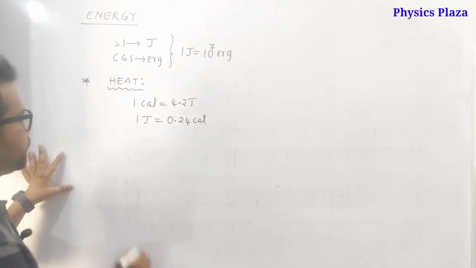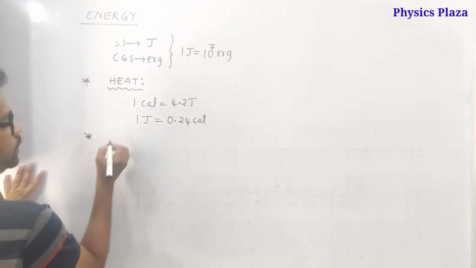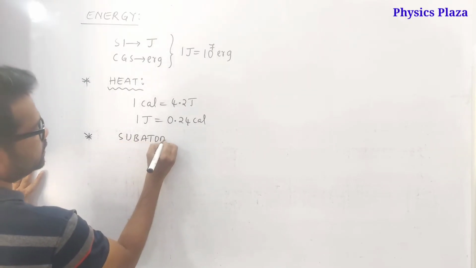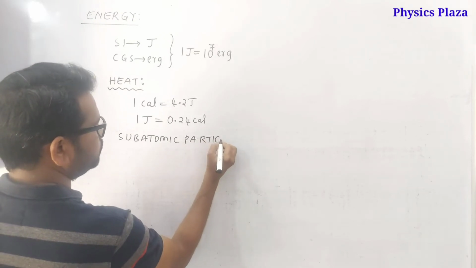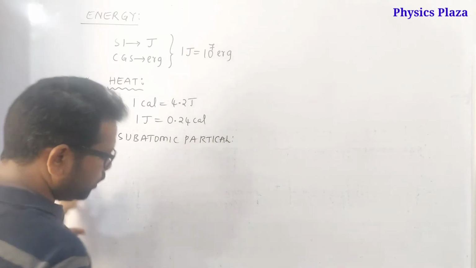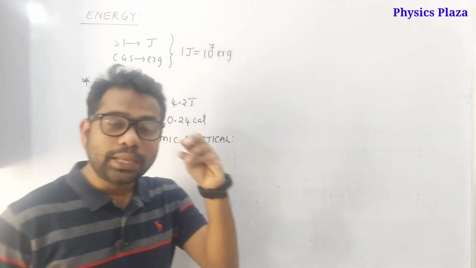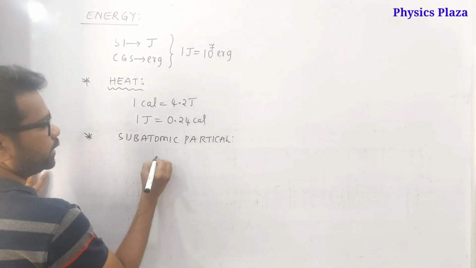Fine. Next, children, we are going to discuss the energy of the subatomic particles. Very important, such as proton, electron, neutron. If you want to measure the energy of the subatomic particles, we will use the electron volt.